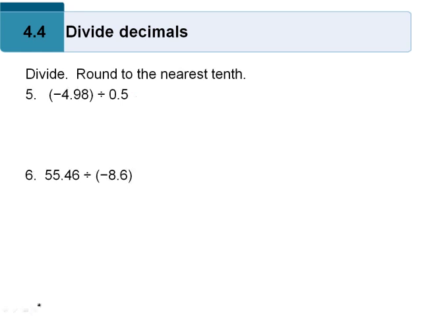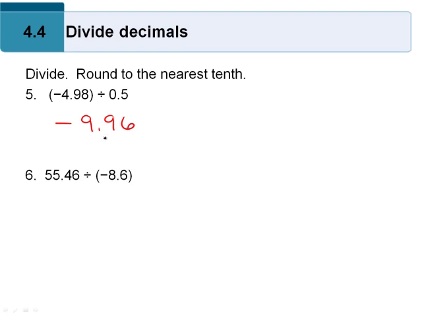All right, number 5. The directions here say divide, round to the nearest tenth. So we're going to divide the numbers the way they are and then round our answer to the nearest tenth. So we have different signs, means our answer is going to be negative. I put 4.98 into the calculator first, divided by 0.5, and you get 9.96.